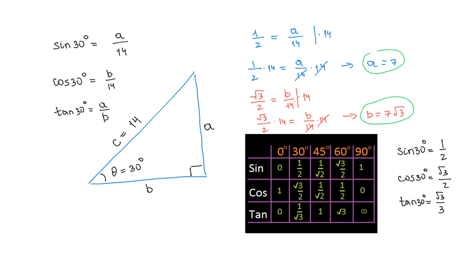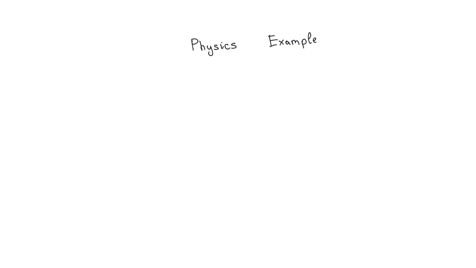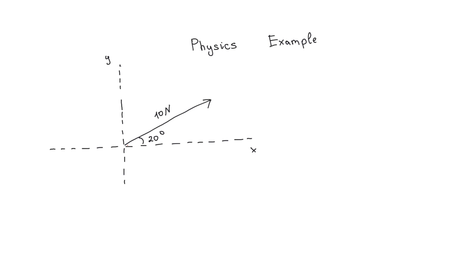Let's consider another example from physics. We have a force of 10 newtons, which makes an angle of 20 degrees with the horizon. We need to find the horizontal and vertical components of this force. The vertical component is denoted as Fy, and the horizontal component is denoted as Fx.